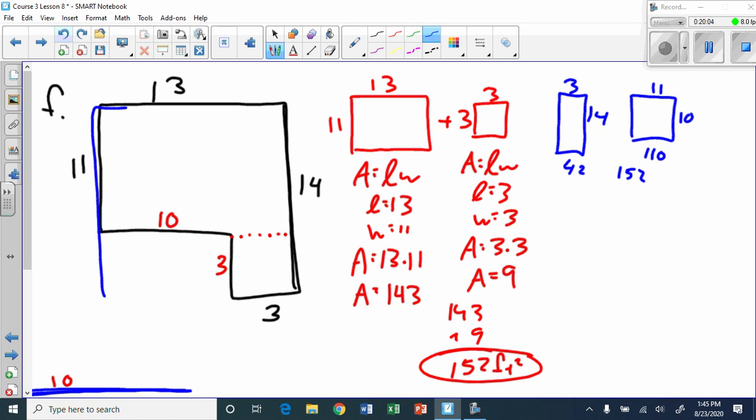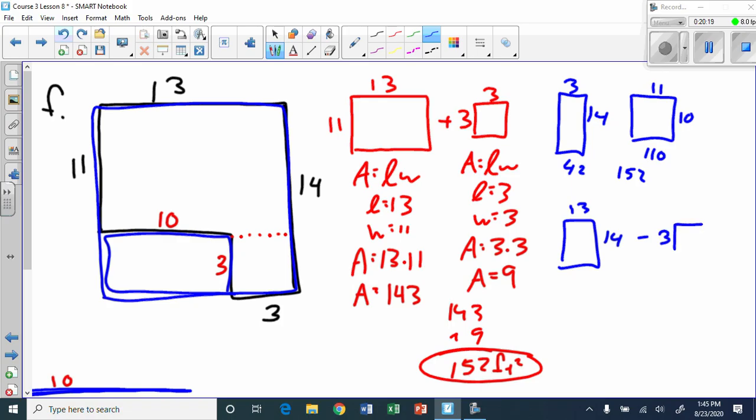Or you might have gone 13 by 14, and subtract from that a 3 by 10. So 3 by 10 is 30. 13 by 14, I don't have that one memorized. 182. Makes sense. Because 182 minus 30 is 152. So multiple ways to check it.